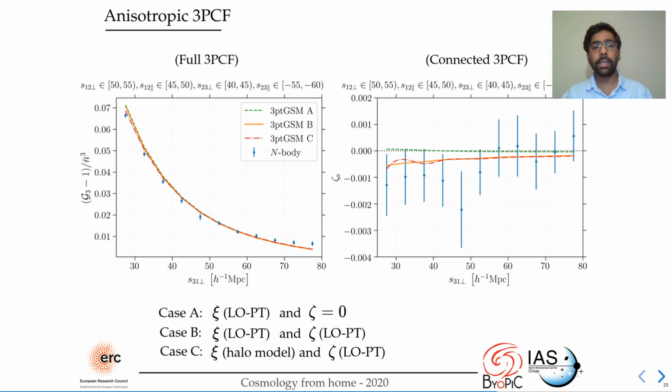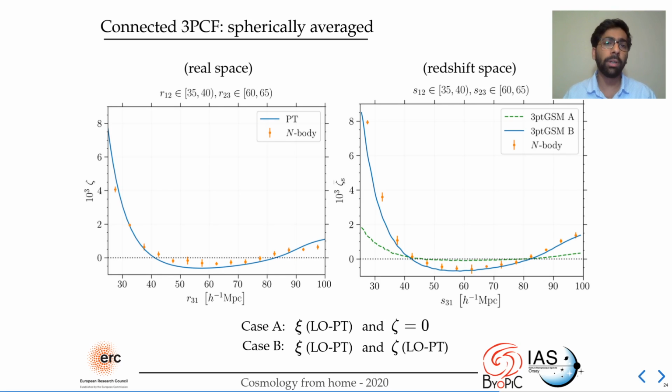However, since the signal to noise ratio was quite low for the anisotropic case, we tried to see how we can do a compression of this information and obtain a higher signal to noise ratio. So for this purpose, we checked how the connected 3-point correlation function and the 3-point Gaussian streaming model prediction work when it's spherically averaged.